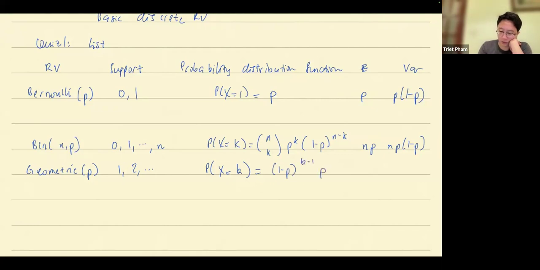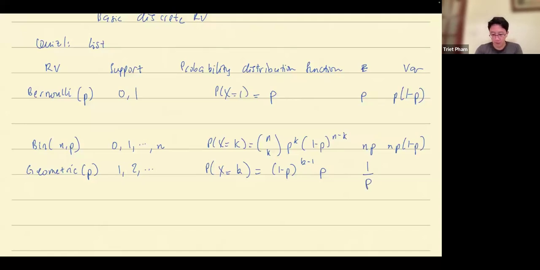If your first success happens on the kth trial, then the previous k minus 1 trials must be failures, and then the last trial is a success. Expectation here is 1 over p.